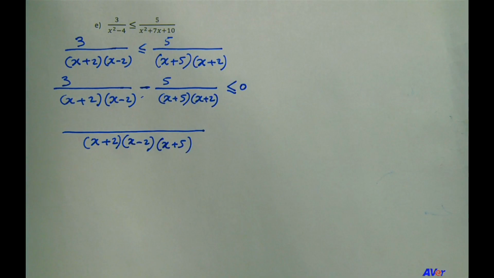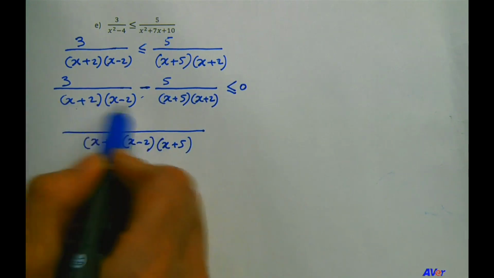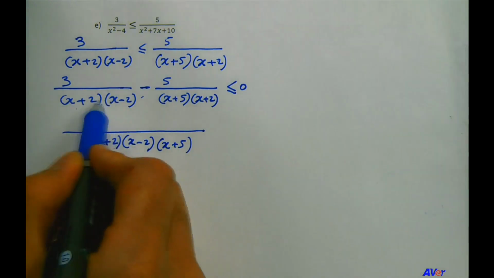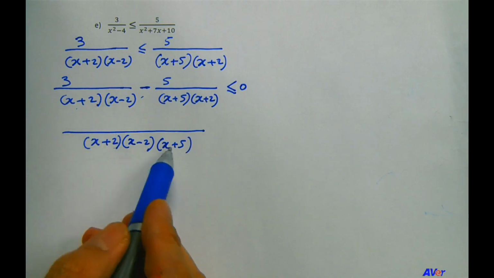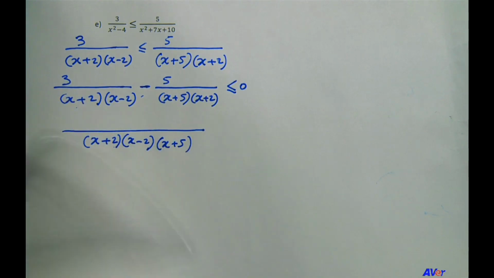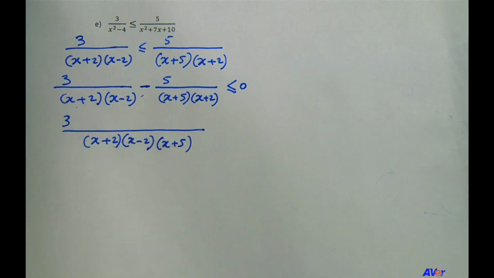Okay, now compare this common denominator with this denominator. What factor is missing when you compare them? x plus 5, right? So multiply 3 by x plus 5, the missing term from the denominator.